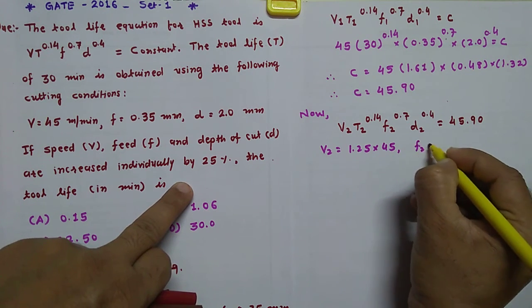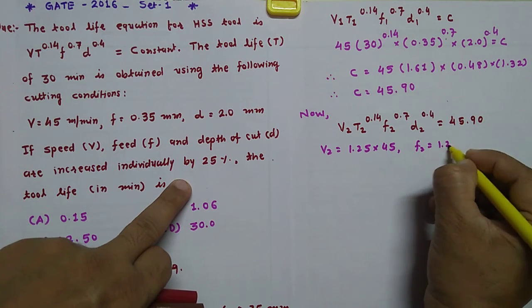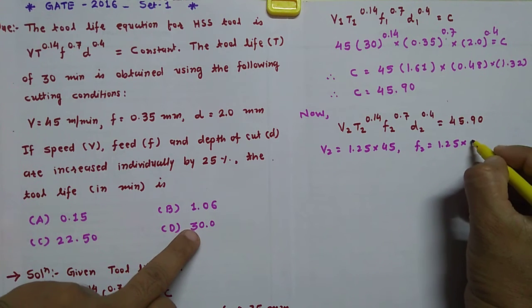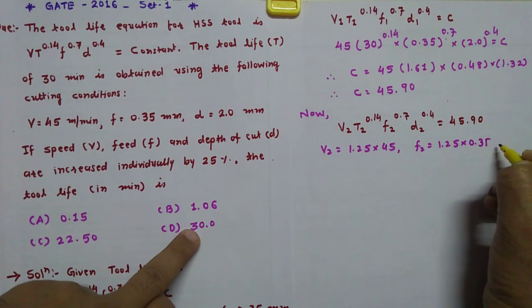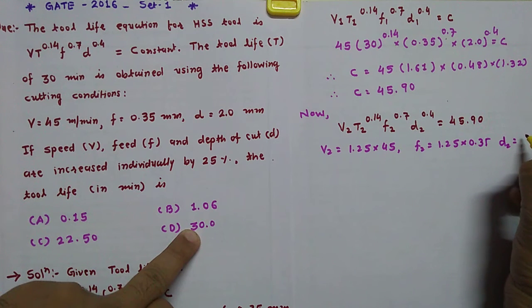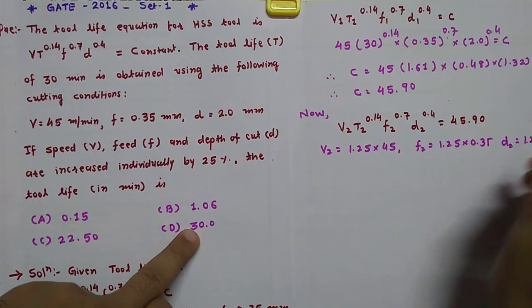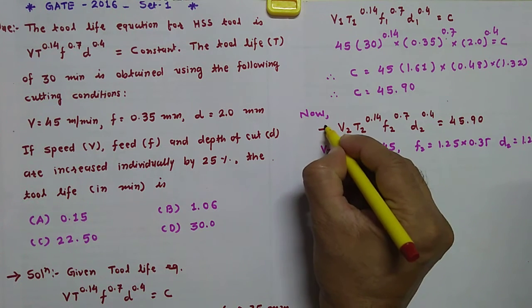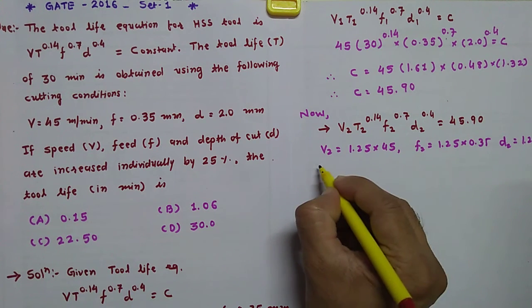Then F2 is equal to 1.25 into 0.35, and D2 is 1.25 into 2. Okay, so put all these values in this equation.